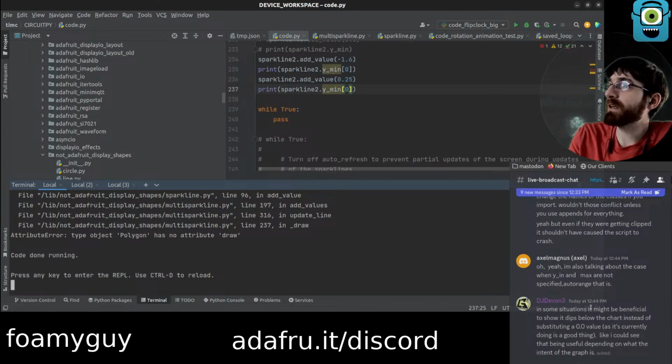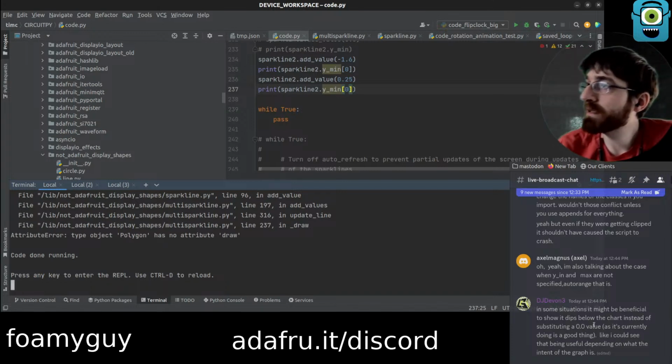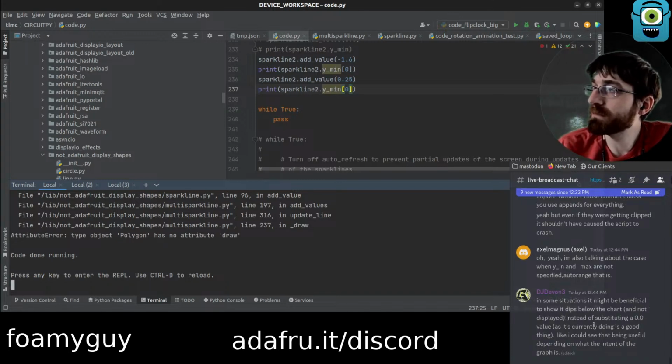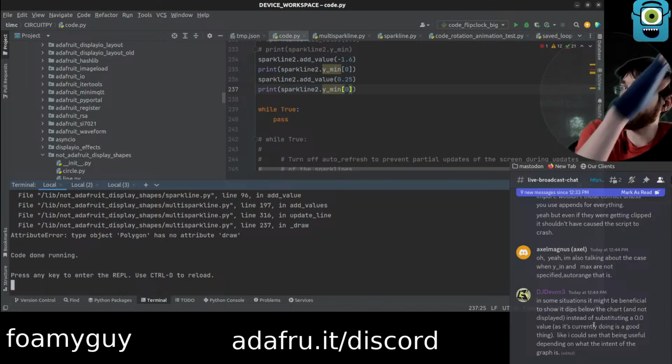Talking about the case when min and max are not specified, auto range. Okay. In some situations, it might be beneficial to show dips below instead of substituting 0. Yeah, I don't know if it's substituting 0 or if it's like drawing the angle that it would. There's a subtle difference, the slope would be different if it were going to 0 versus if it were going to.